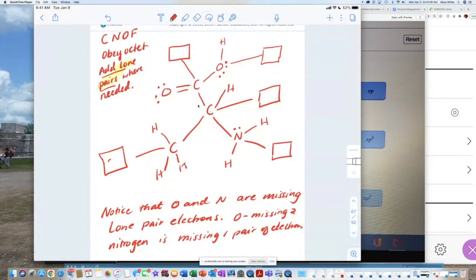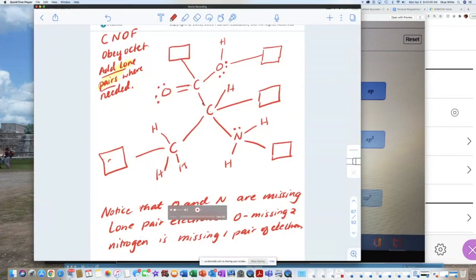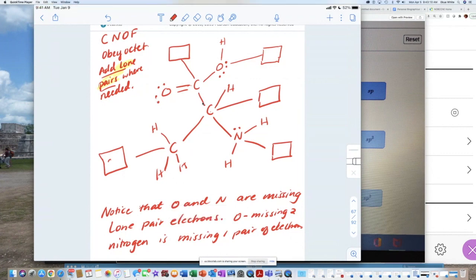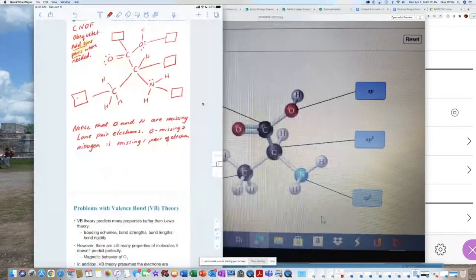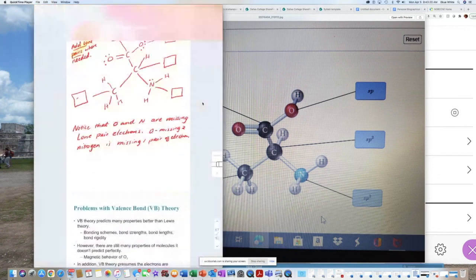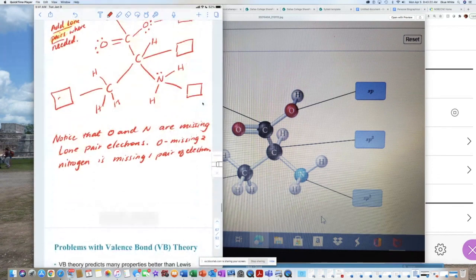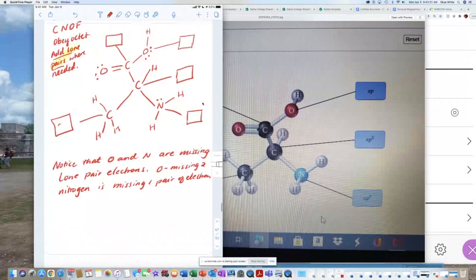I don't think I'm taking this right. Hold on, let me hold it vertically. That might help a little bit. Okay, everything I'm doing on my end is turning it off. Hold on. Give me just a moment.